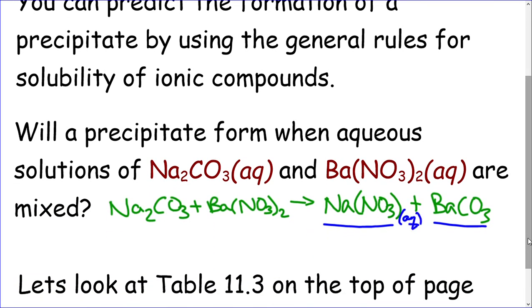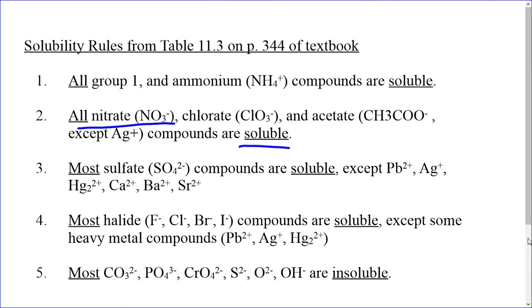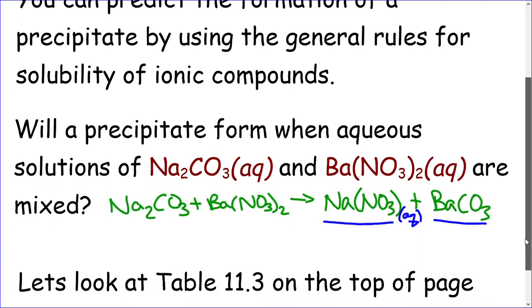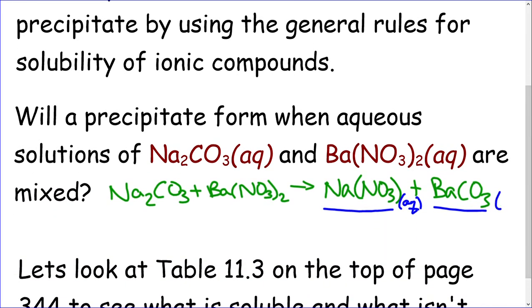It's going to make a solution, AQ. Then I've got carbonate that I need to look at this table for, and I need to see, will carbonate be soluble or insoluble? And it looks like most CO3 compounds are going to be insoluble. So in this case, when I combine these together, I'm going to get a precipitate. I'm going to get a solid that's going to show up here.